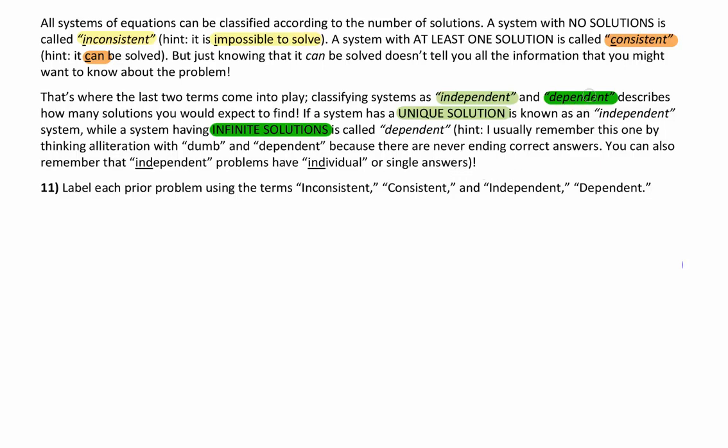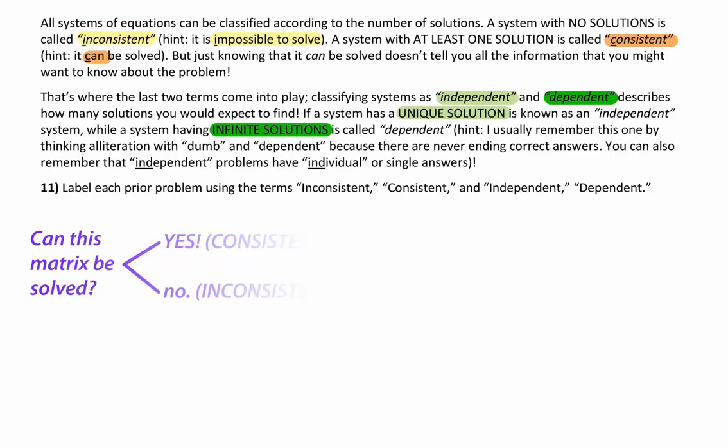Dependent situations also have a couple of different varieties, so it's a little bit trickier to pick those out. But here's the way I think about these four terms. The first question you have to ask is, can this matrix be solved? That goes back up to the inconsistent versus consistent definition.